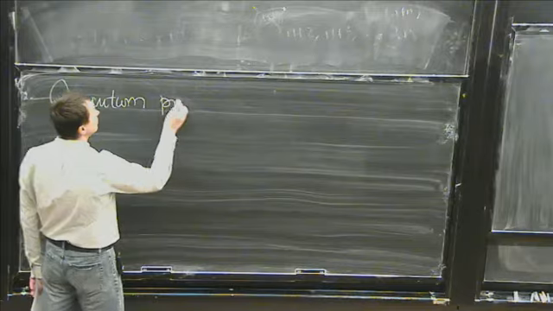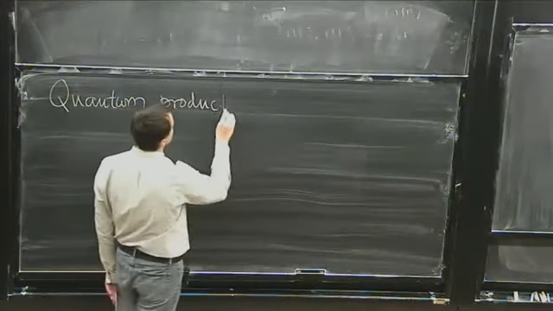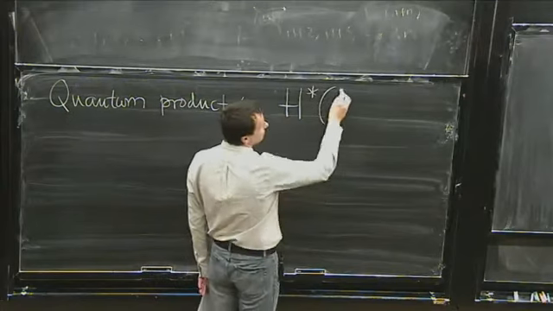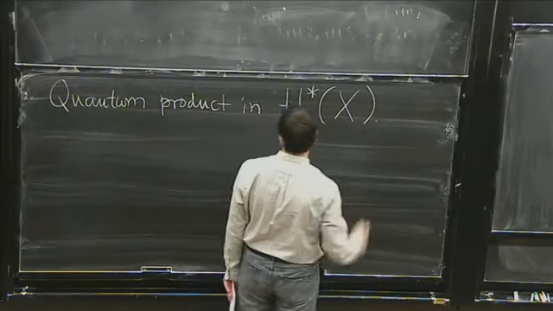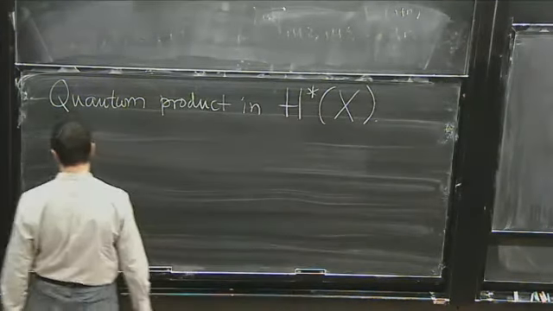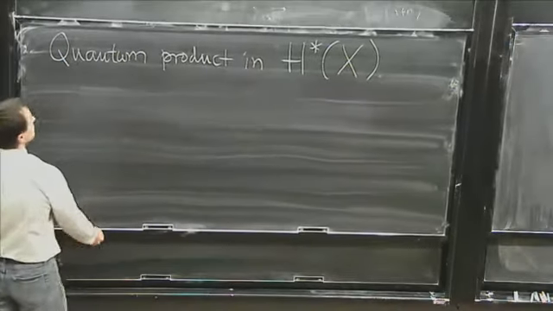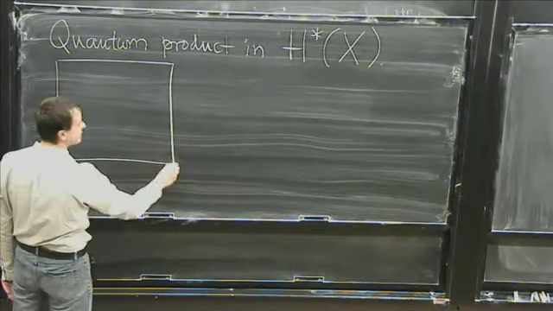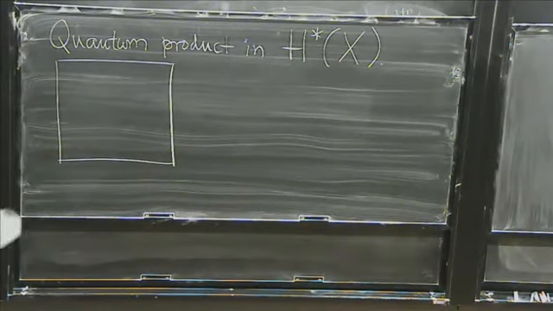quantum cohomology. And what's quantum cohomology? It's really the quantum product in the cohomology of some, say, algebraic variety X. And the way it's defined, suppose I have, this is my X. So there'll be a lot of pictures which look like a square and then something circular in it.